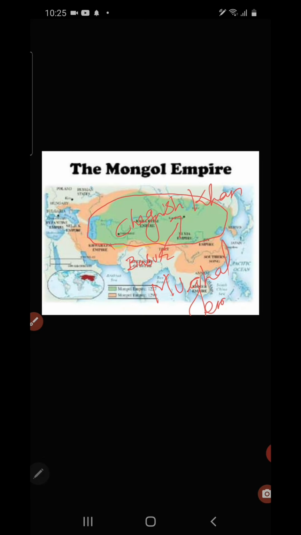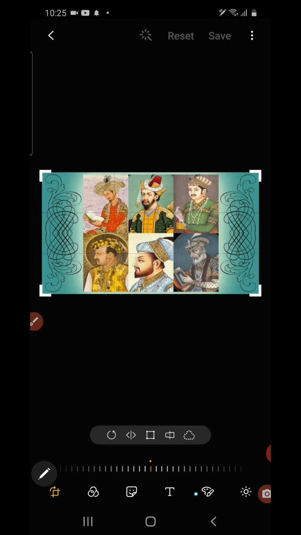Is that clear? Like that, the empire which was established by Babur in India came to be known as the Mughal Empire.